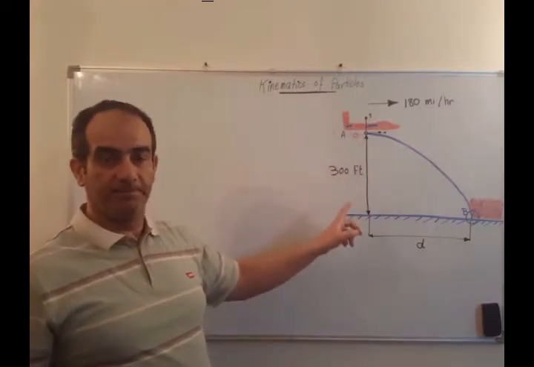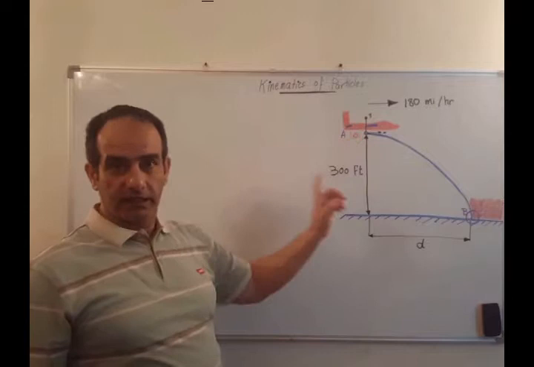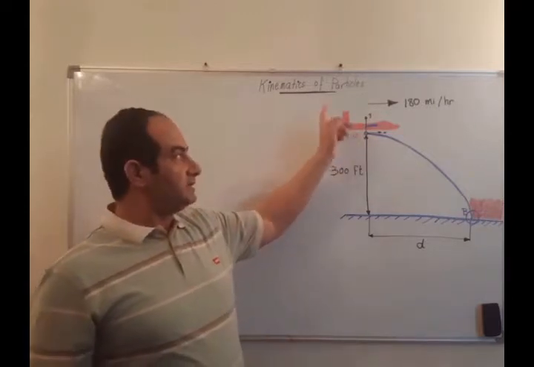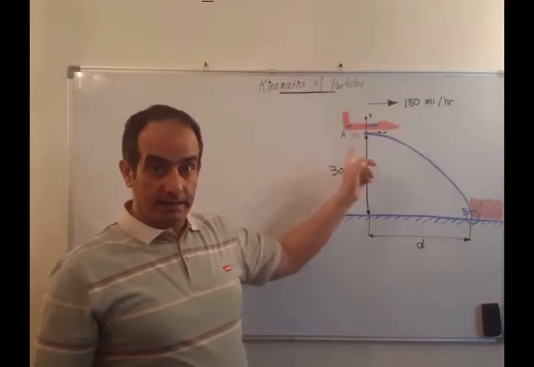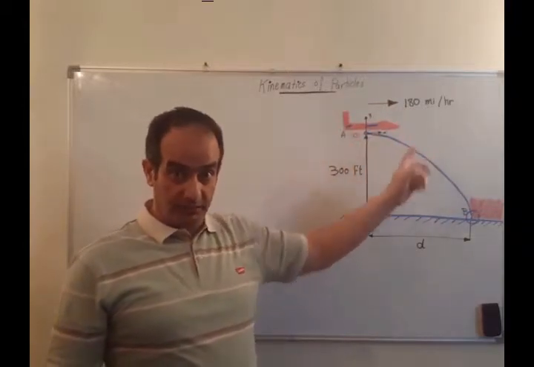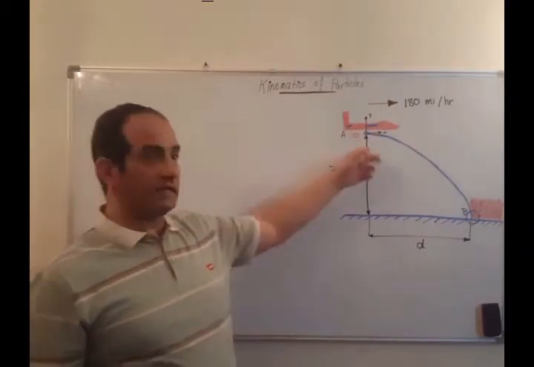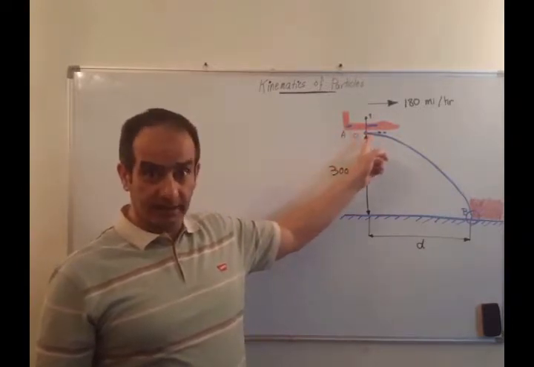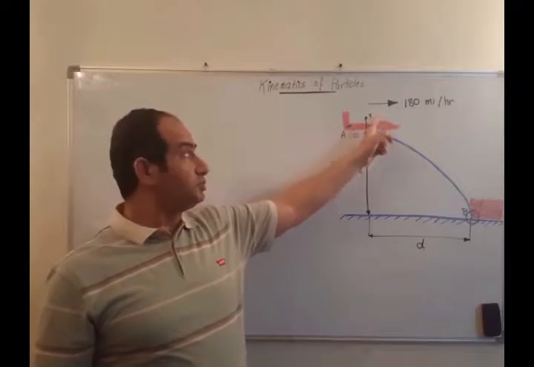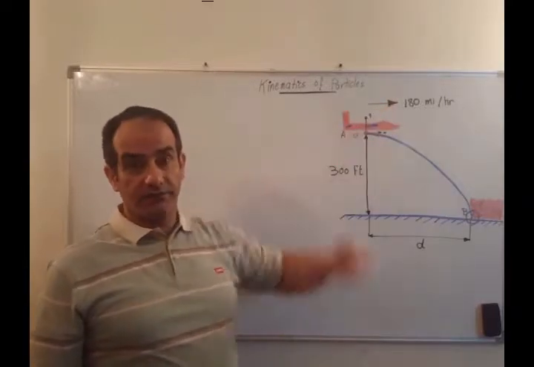This mass directly will take the speed of the aircraft as its horizontal speed. It means the horizontal speed of this dropped particle will equal the speed of the aircraft directly.